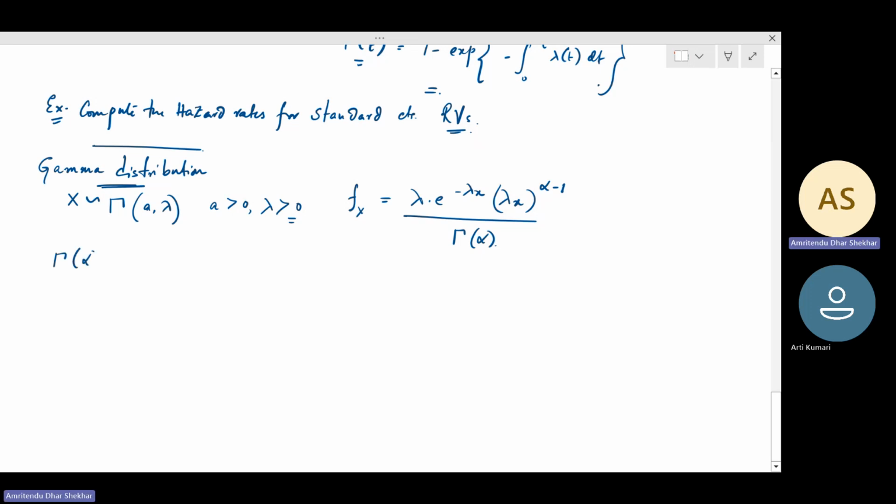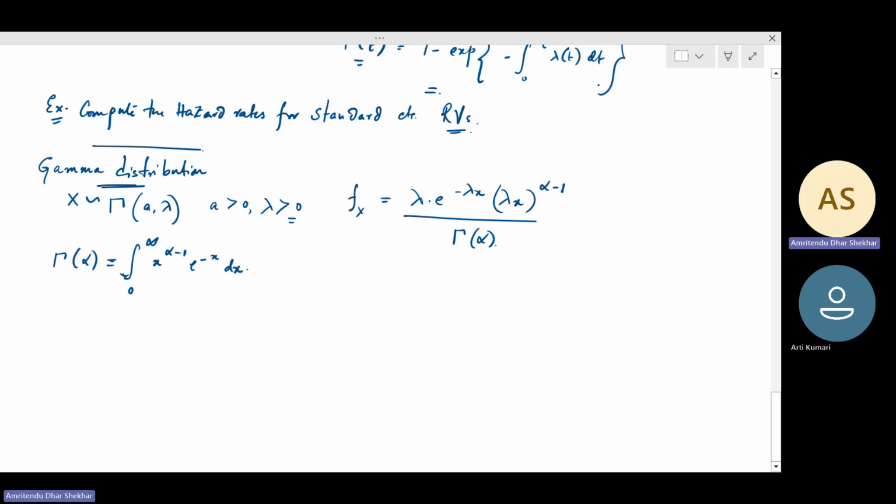Gamma of alpha is equal to the integral from 0 to infinity of x to the power alpha minus 1 times e to the power minus x dx.